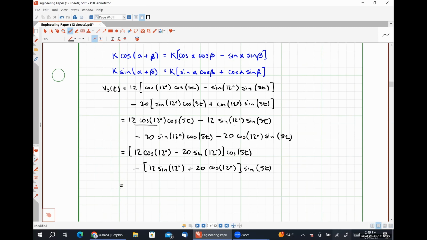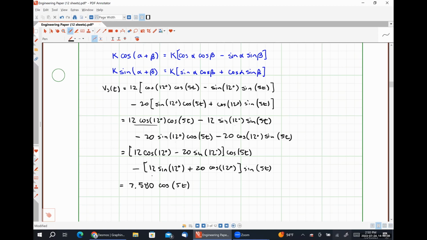So 12 cosine 12 degrees minus 20 sine 12 degrees is literally just a number. I'm going to put that in my calculator, making sure that it's in degree mode. That gives me 7.5795 and some change, so I'm going to call that 7.580 cosine 5t.